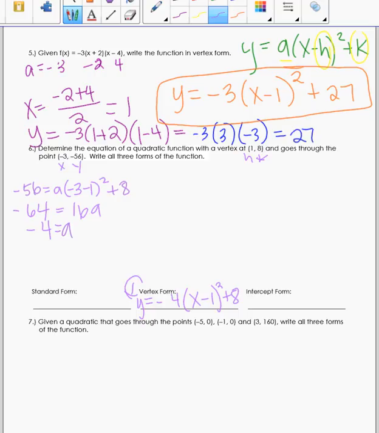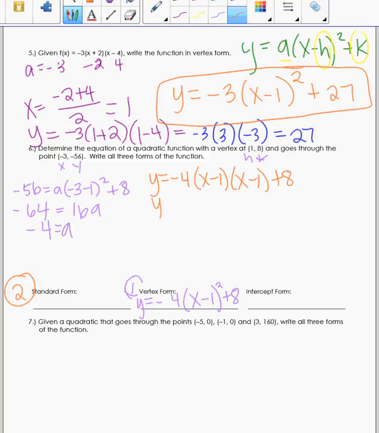Y equals -4 times x minus 1 squared plus 8. There we go, it's kind of coherent. Okay, moving on. When I can do all three forms, I move from vertex to standard. So for standard, I just need to multiply it out. So y equals -4 times x minus 1 times x minus 1 plus 8.